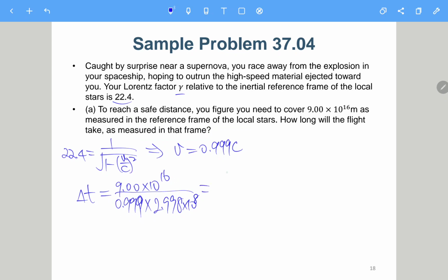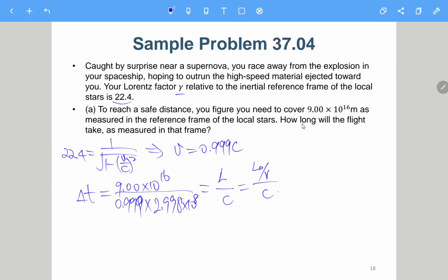Actually, this is L over c equals L0 over gamma over c, like this. So this is the contracted length, this is the speed of light. Contracted length over the speed of light will be the time in that reference frame.